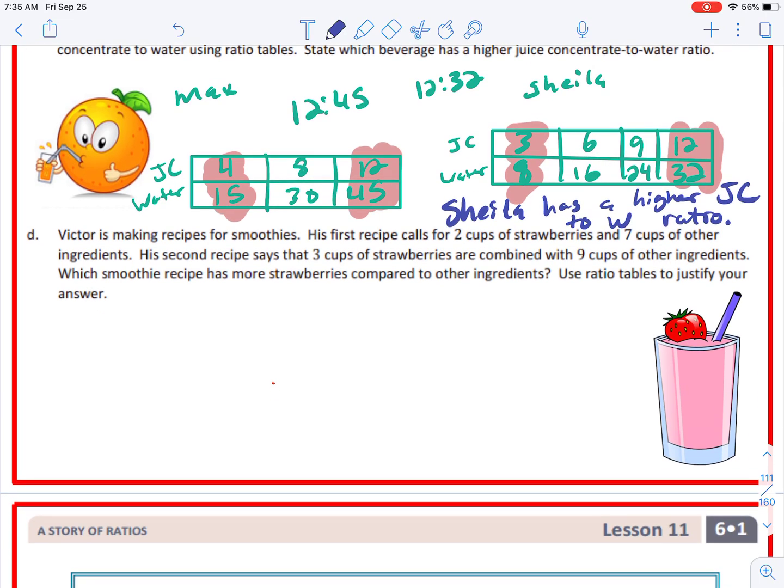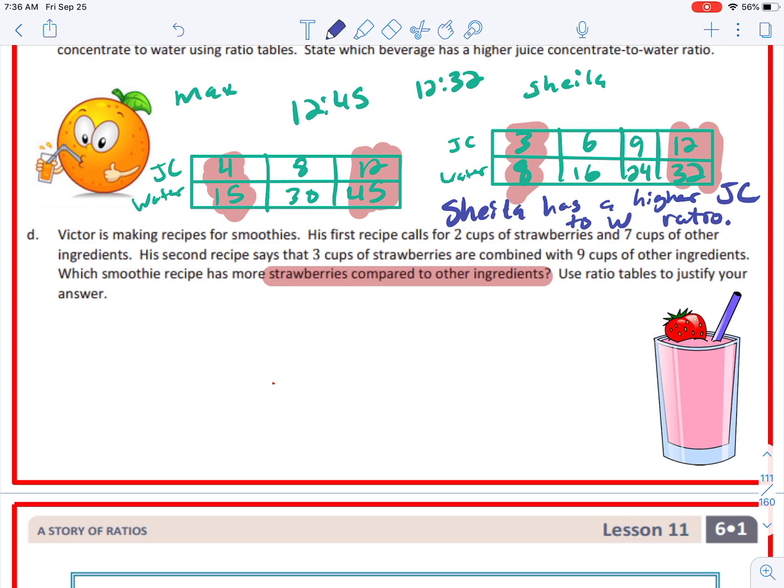Letter D. Victor is making recipes for smoothies. His recipe calls for 2 cups of strawberries and 7 cups of other ingredients. His second recipe says that 3 cups of strawberries are combined with 9 cups of other ingredients. Which smoothie recipe has more strawberries compared to other ingredients? Use ratio tables to justify your answer.